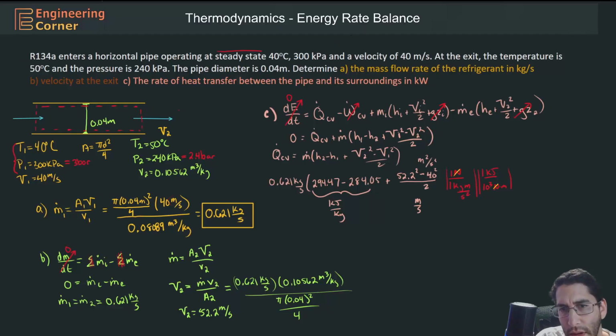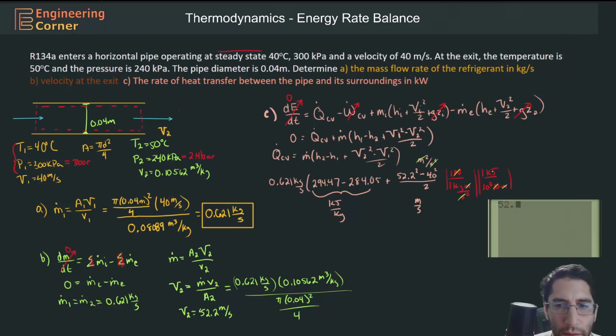When we do that, with second squared and meter squared, we're left with a kilojoule per kilogram. All right, so let's do that: 52.2 squared minus 40 squared. We're going to divide this by 2 and divide this by 1,000.